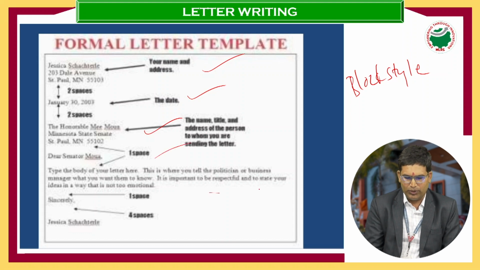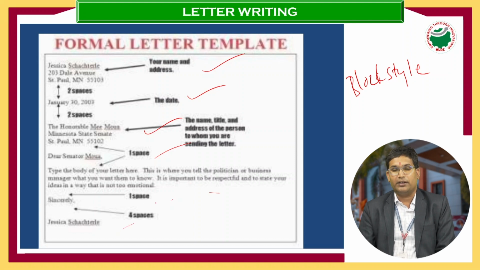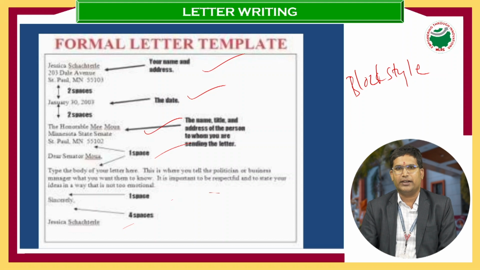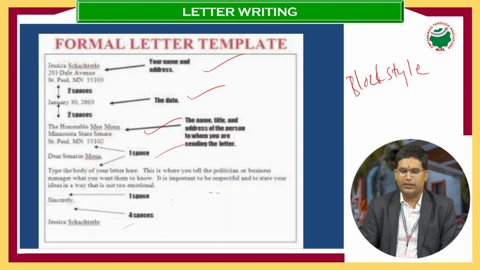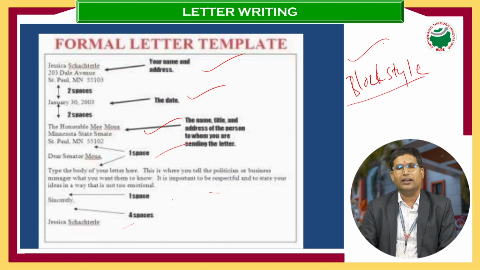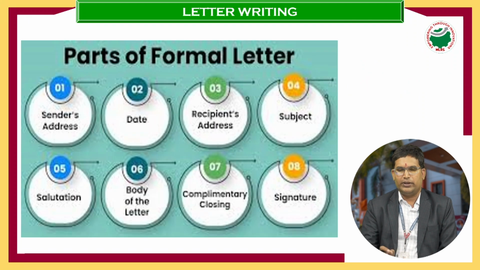Body of the letter, complementary clause, name and signature line. So I hope this template will help you to write a letter in the given format. Most official letters follow the block style layout only, so please focus on that. Now, what are the parts of a formal letter?